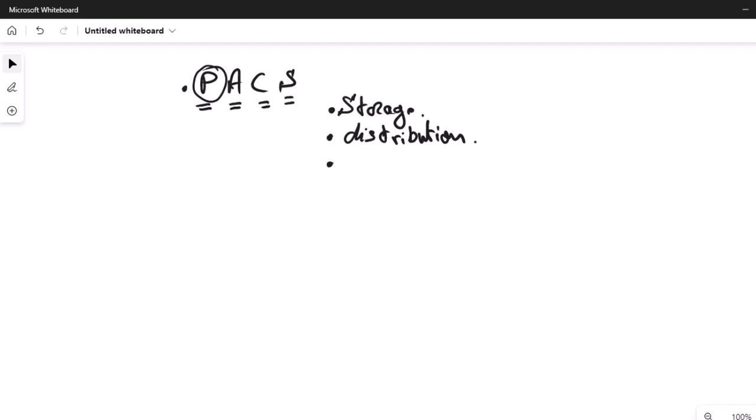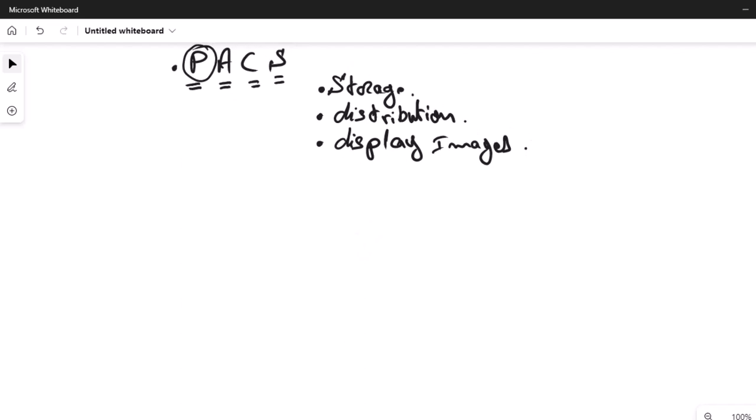The third function is displaying images. Any PACS should have a DICOM viewer in order to show DICOM images. We're going to talk about the DICOM standard in more detail later. Okay, so this is PACS. PACS can manage digital medical images.